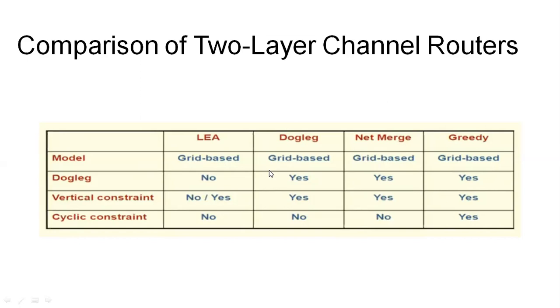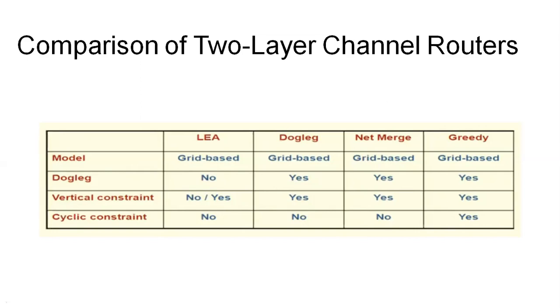The LEA basically does not support doglegs, but all the others support dogleg. And regarding vertical constraints, the LEA didn't support them, but the extended LEA supports that, and all the others support that.